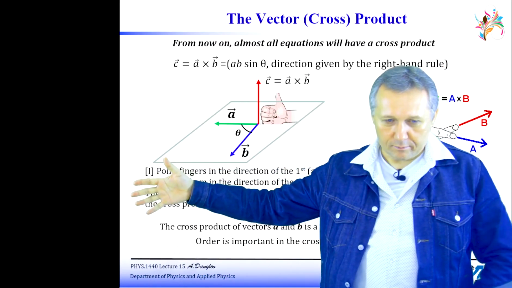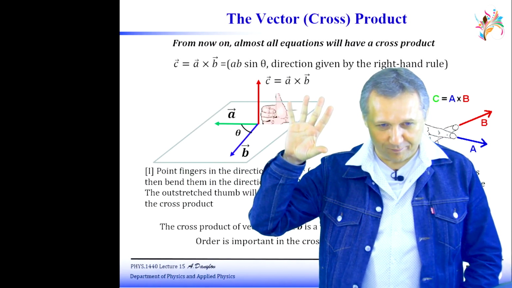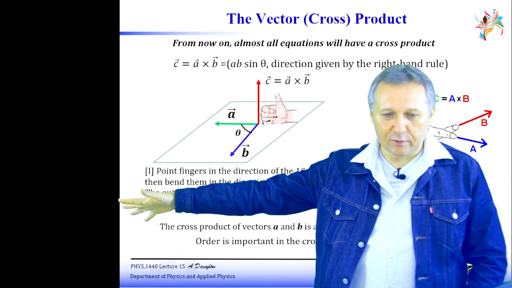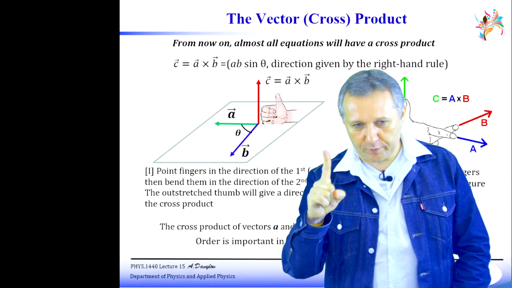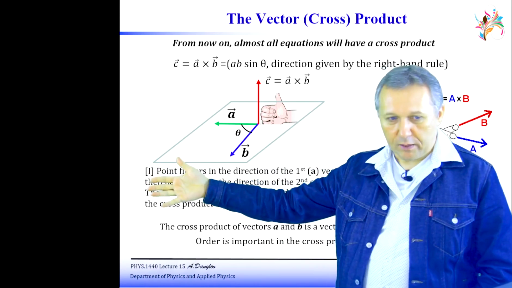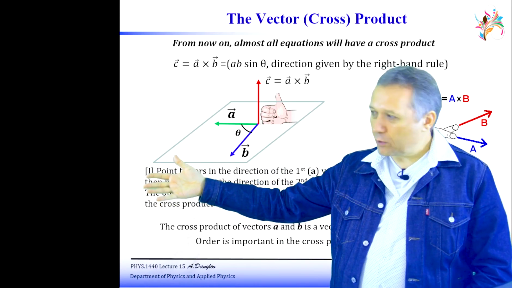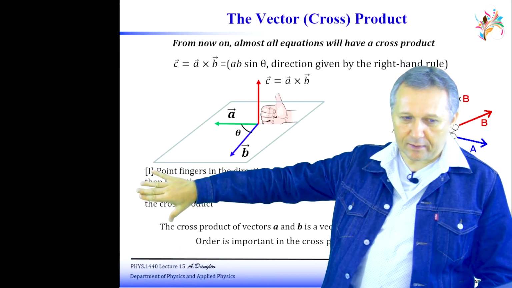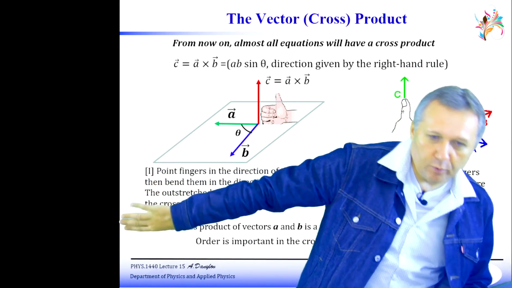And align your right hand, I usually just use my arm, in the direction of the first vector in the cross product. So your hand can be positioned like this, like this, like that. Right now, there are no restrictions.